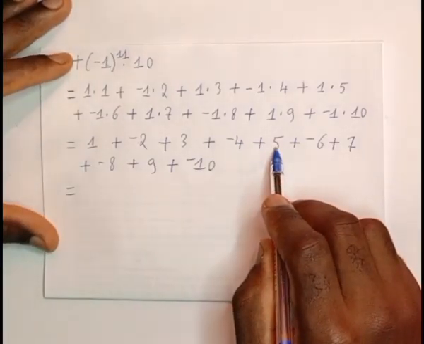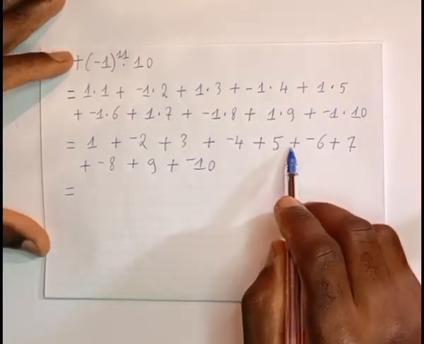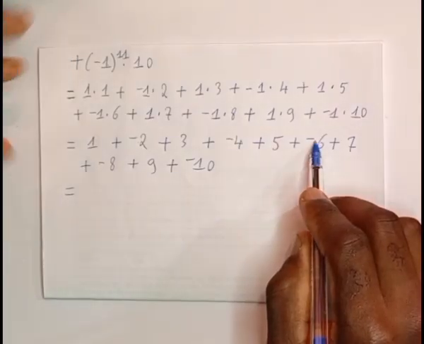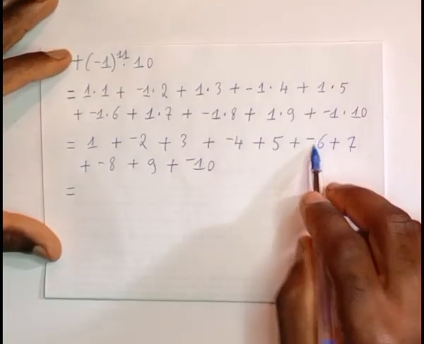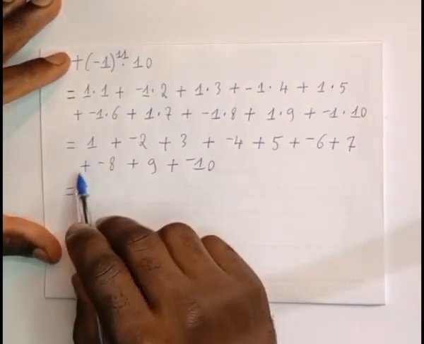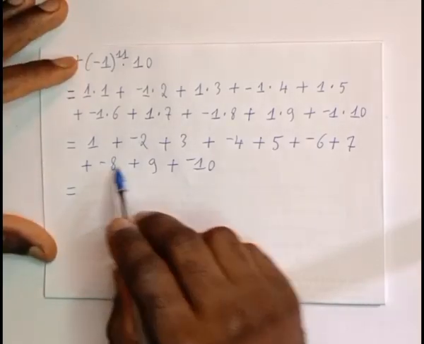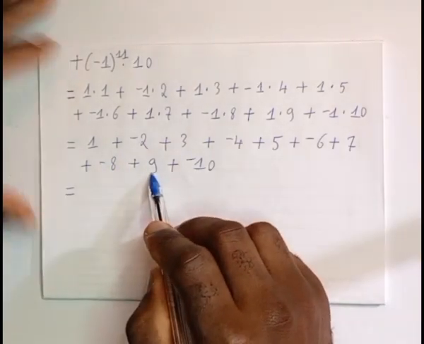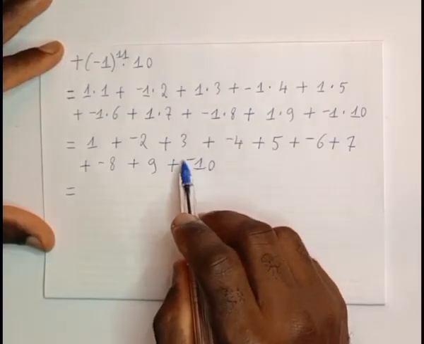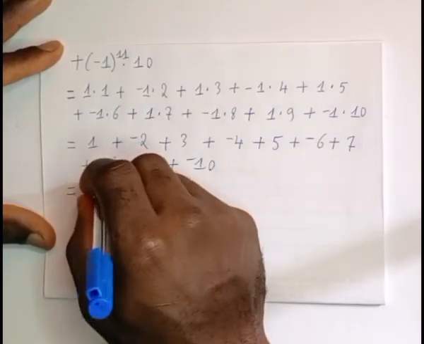Negative 2 plus 5 gives us 3. 3 plus negative 6 gives us negative 3. Negative 3 plus 7 gives us 4. 4 plus negative 8 gives us negative 4. Negative 4 plus 9 gives us 5. 5 plus negative 10 gives us negative 5.